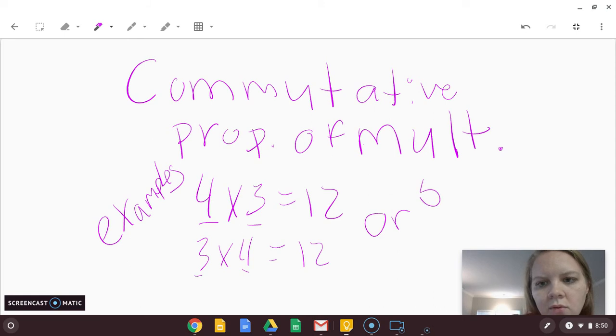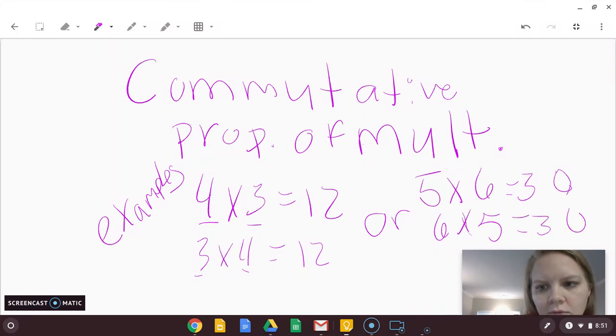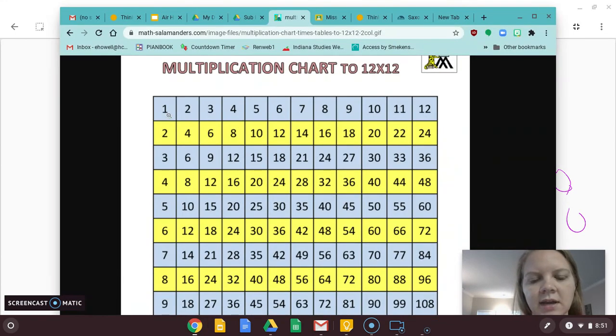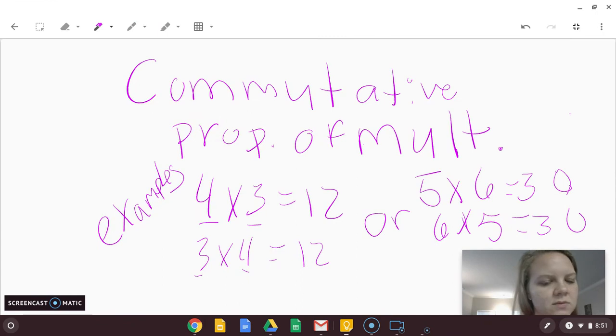So I'll give you one more. 5 times 6 is going to equal 30. 6 times 5 is also going to equal 30. Let's just use our chart to show us that. So go over 6, down 5, 1, 2, 3, 4, 5. There we go. It equals 30.